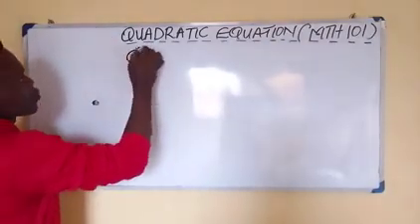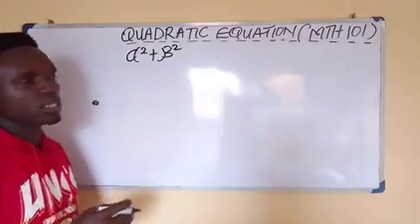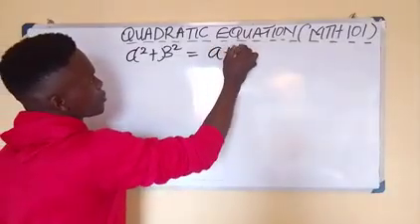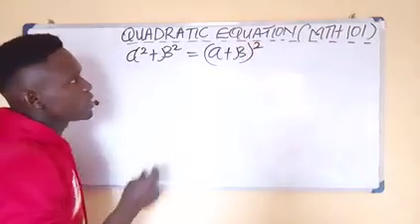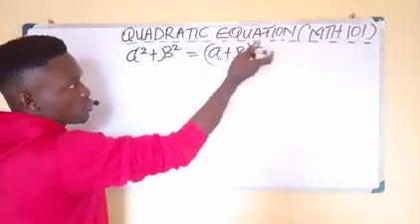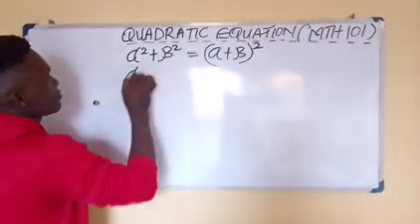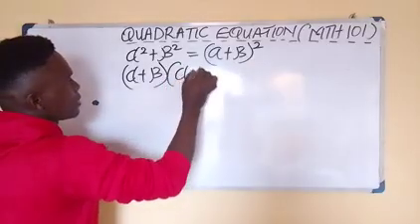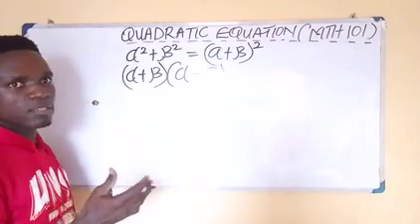If I'm having alpha squared plus beta squared, it also means alpha plus beta all raised by 2. True or false? True. So if I'm having alpha plus beta raised by 2, it means that I can express this in two places: alpha plus beta, another alpha plus beta. So what should I do next?